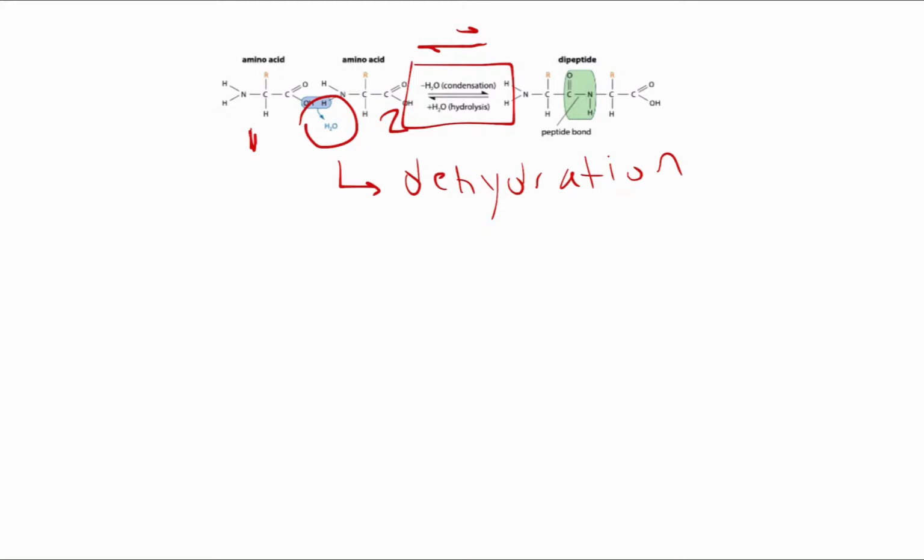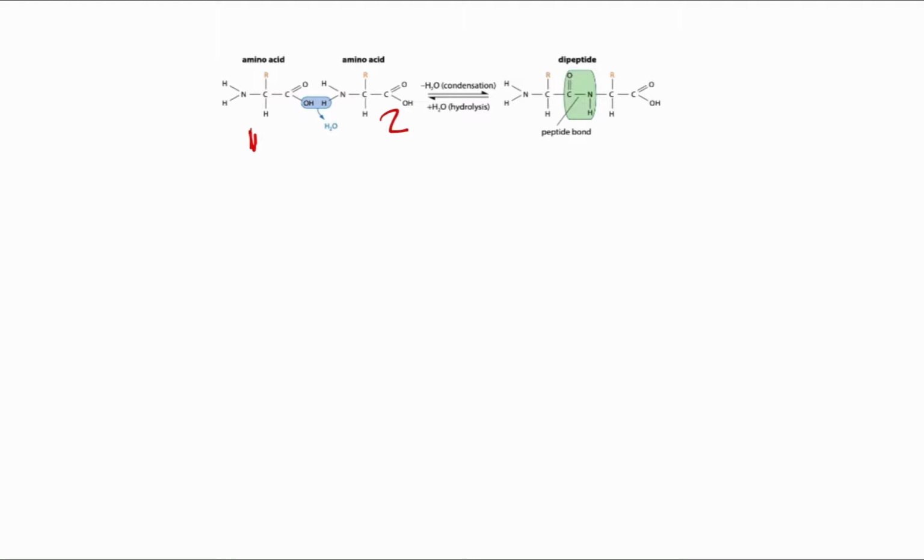And I talked about this last video because the formation of the reactants is more favorable than the production of the dipeptide. And without getting too deep into it, the reason is that the formation of the reactants is more energetically favorable, because when this dipeptide goes back to these two amino acids, it's broken down by water, right?